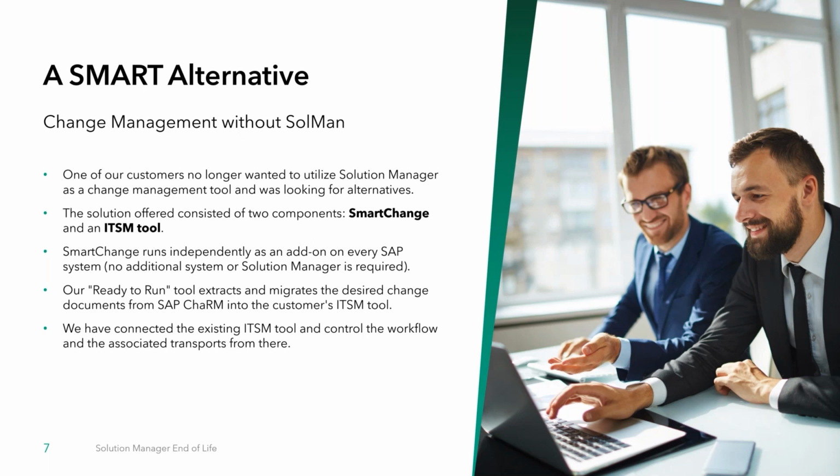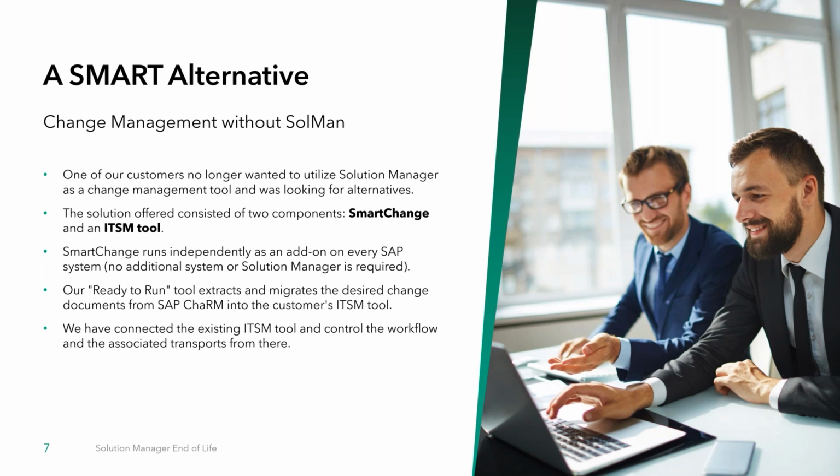So we also have this ready-to-run migration tool that we can seamlessly migrate your open and closed change requests from Charm over to our Smart Change transport management, so you don't lose any auditing when you're moving from Charm to our tool.